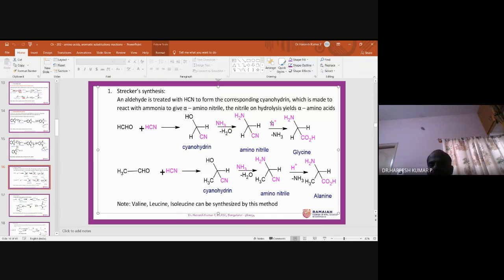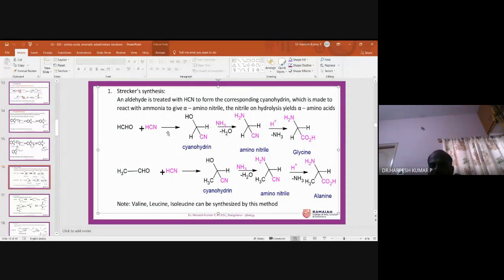This amino nitrile on hydrolysis, the CN is hydrolyzed to carboxylic acid. So this method of synthesis of amino acid is called Strecker's synthesis. An aldehyde is treated with HCN to form a cyanohydrin, which is made to react with ammonia to form an aminonitrile. The nitrile on hydrolysis yields alpha amino acids.